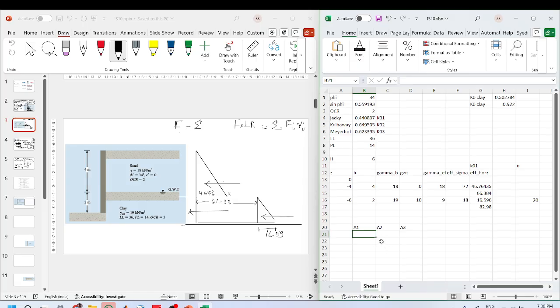Okay. So we will have an area here which will be 0.5 into your base into your height, and then you have an area 2 which will be simply your base here into 2, and then we have this area 3 here which will be 0.5 into your base into height.